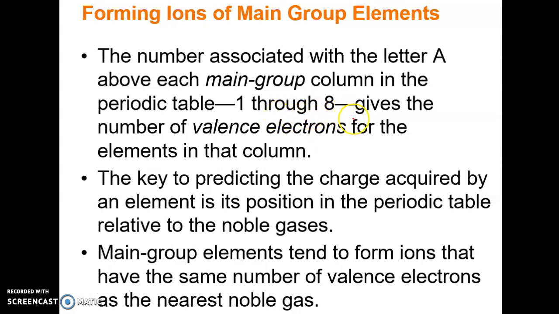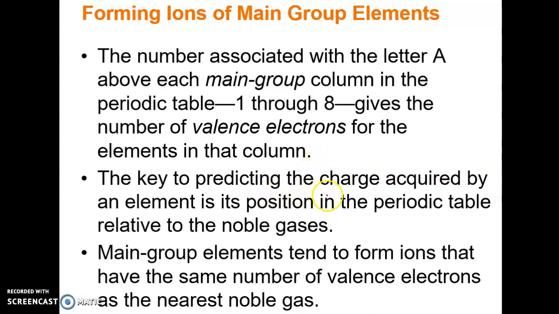This gives the number of valence electrons for each of the elements in that column. So the group 1A elements will all have 1 valence electron. The group 2A elements will all have 2 valence electrons, etc., down to group 8A, which will have 8 valence electrons.